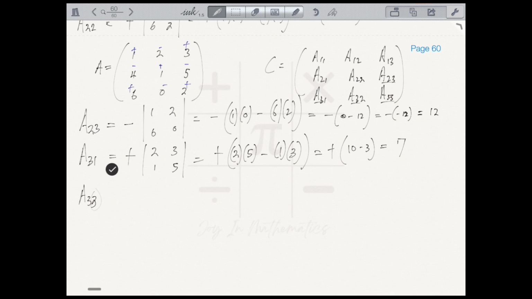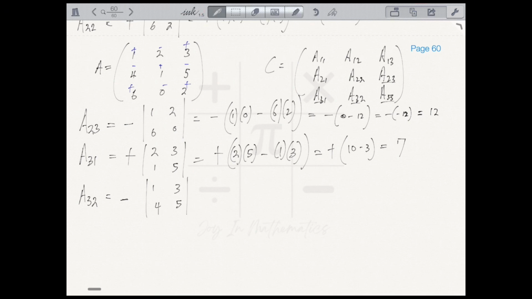Now A32, second to the last. I believe we got A23 and also the answer for A31. Now let's do A32, which is the cofactor of 0. The place sign for it is negative. Vertically, horizontally, what is left is 1, 3, 4, 5.